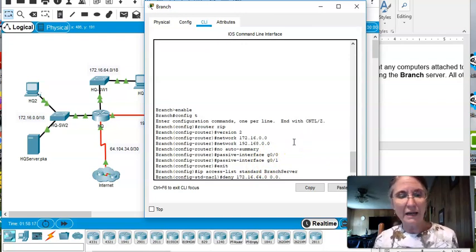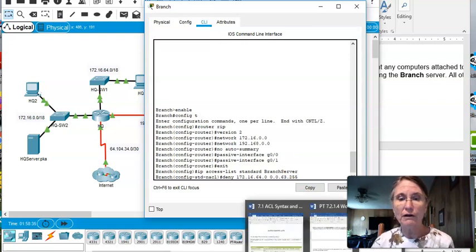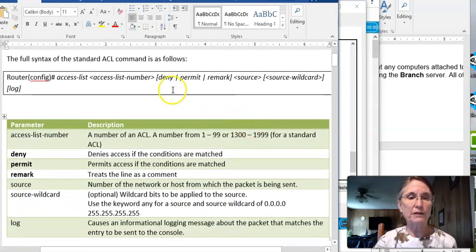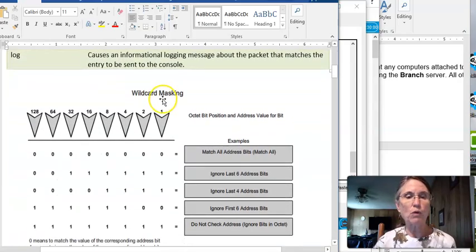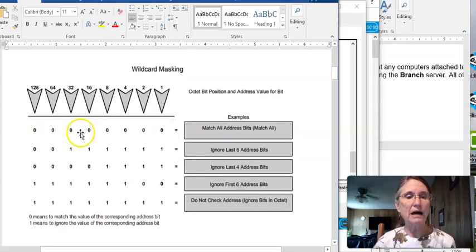172.16.64.0, and now it's not a network mask, it is something called the wildcard mask, which you should have studied during your chapter reading. Also, there are some write-up in this same worksheet about wildcard masking and how zeros represent matching of bits and ones represent the ignoring of bits.